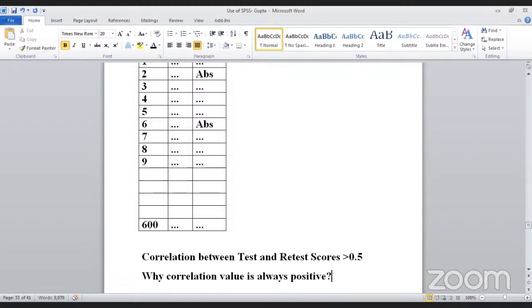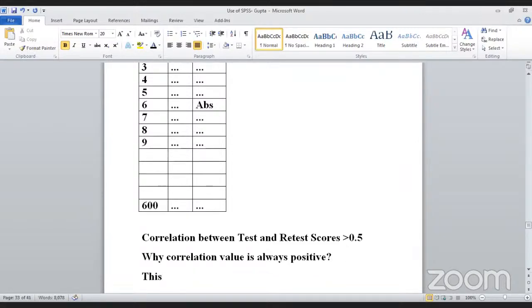Now, this method is applicable for all types of the tool. So this method is applicable for test, scale, as well as inventory.